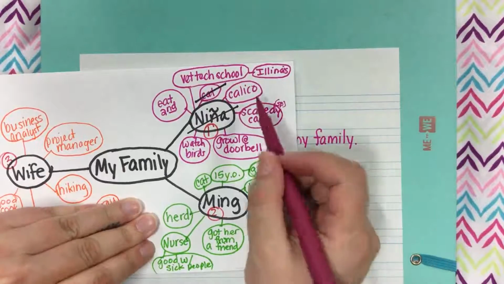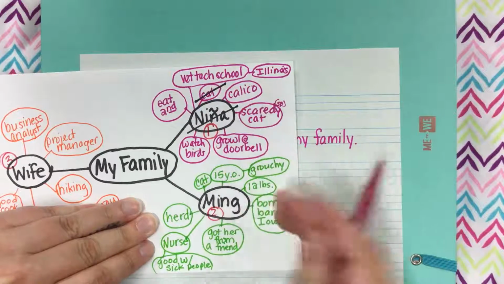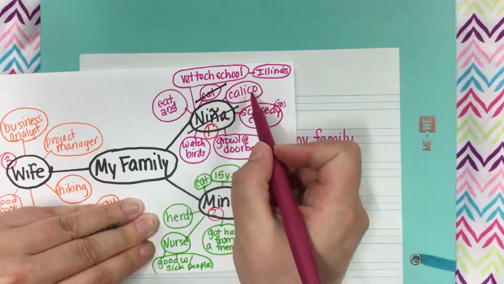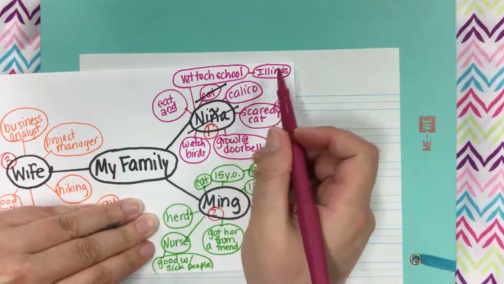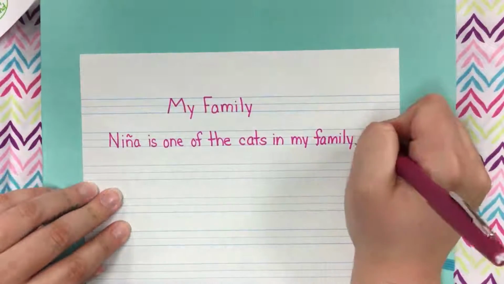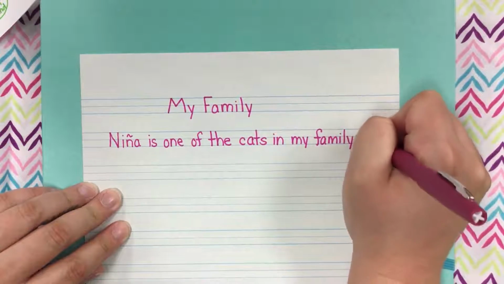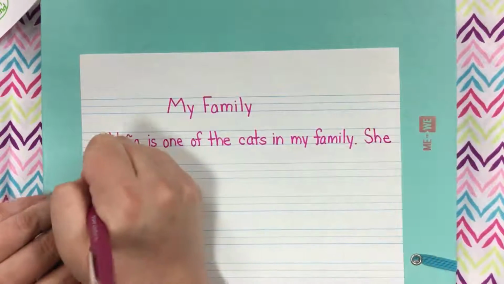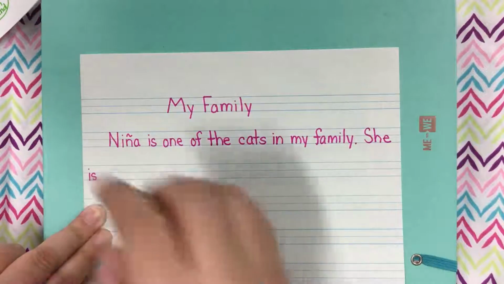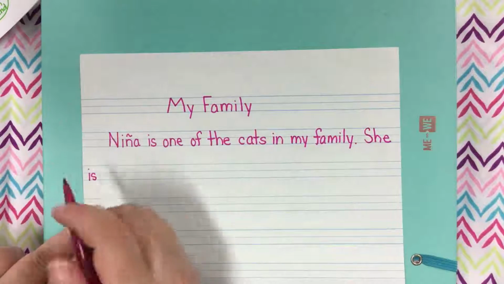So now I get to look at a couple of more things here and figure out, well, what do I want to add next? Well, I can say she is a calico and your typical scaredy cat. So I'm going to add those next. So she is, notice I started right up against the line on the edge of the paper for the next line.